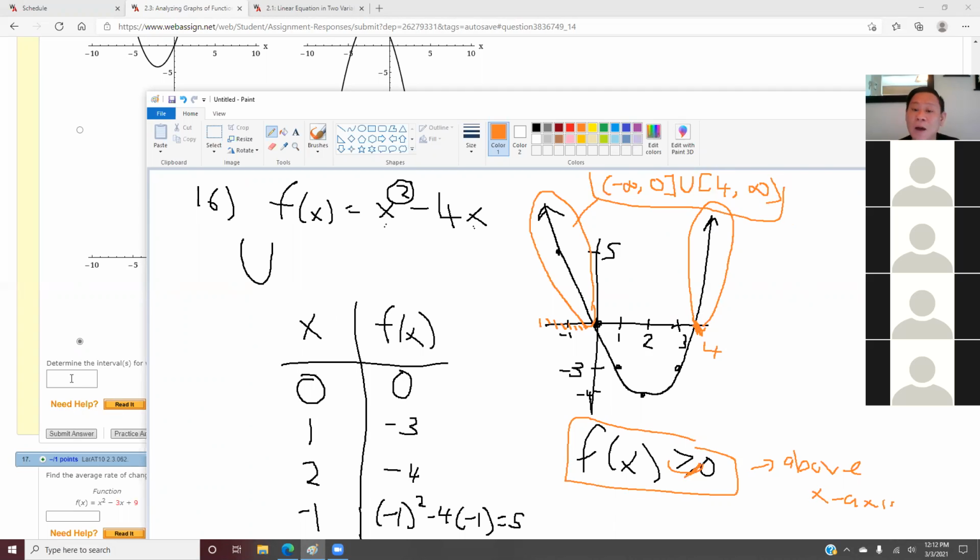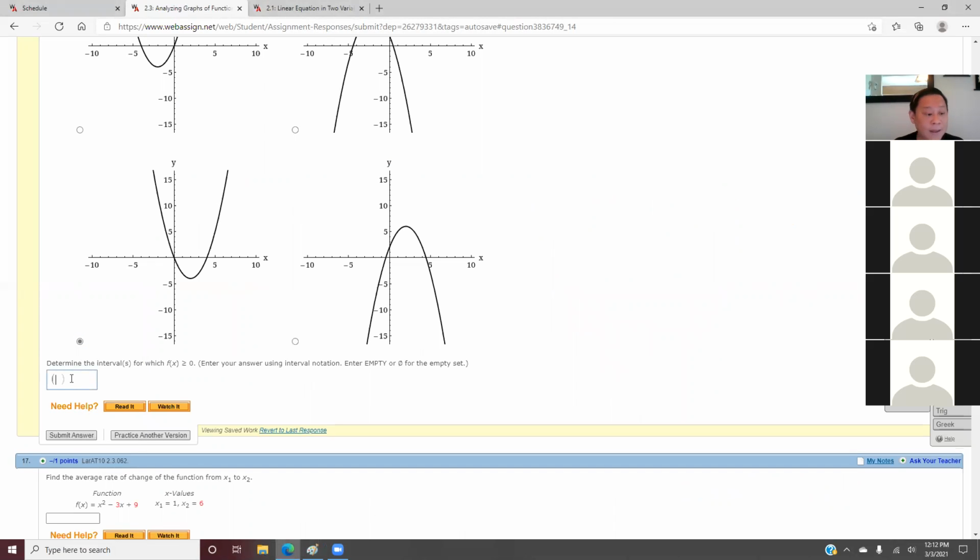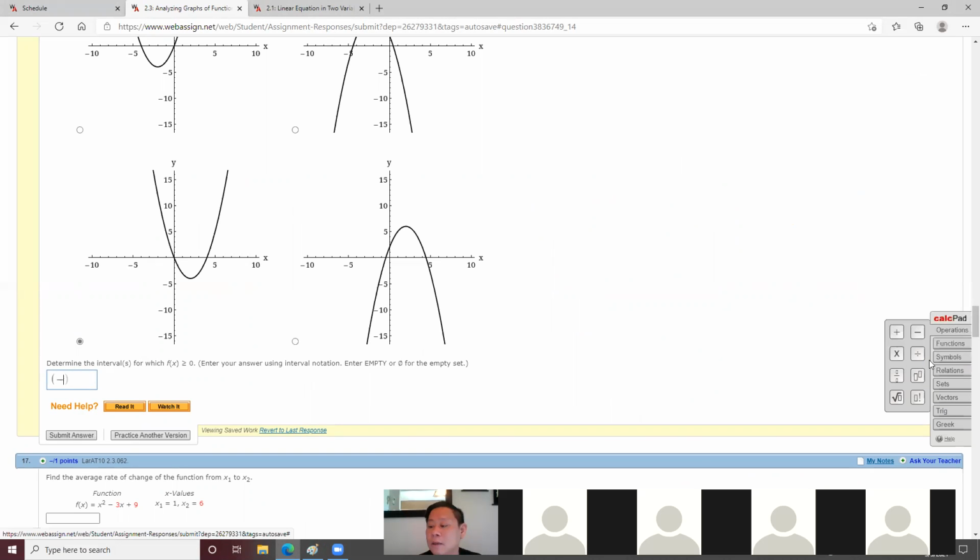So how do you write this? Parentheses, negative infinity, which is under the symbol, you get an infinity. And then this is 0 with a bracket. Now the union symbol, do not use a capital U. If you use a capital U, you get it wrong.